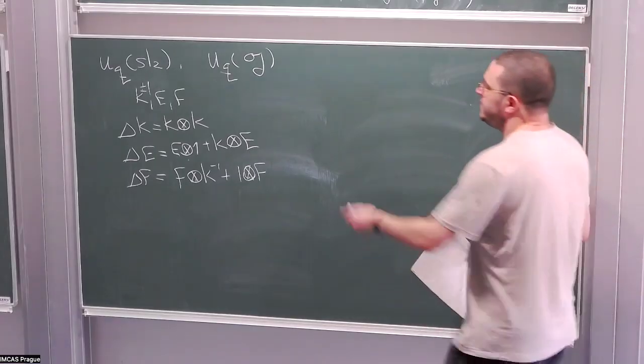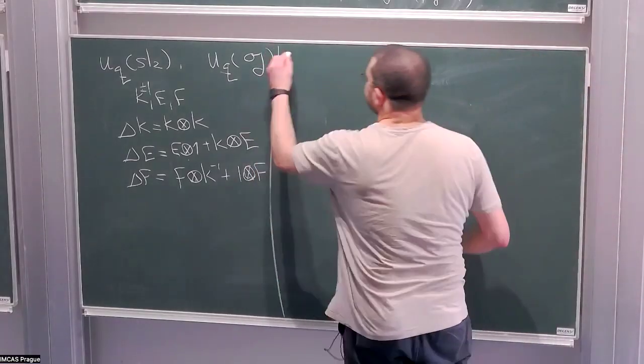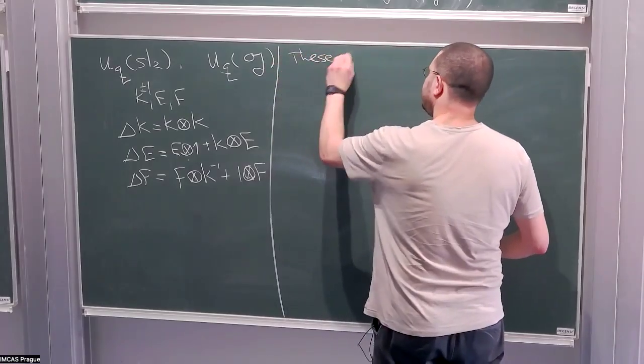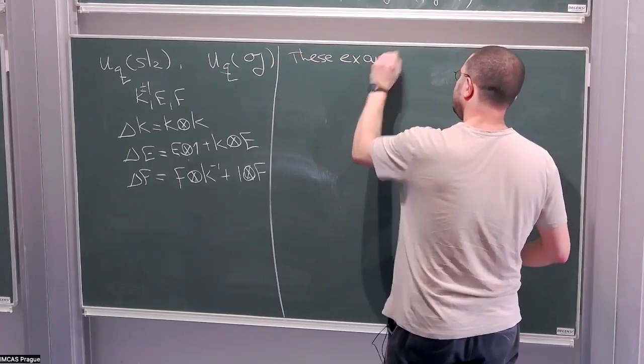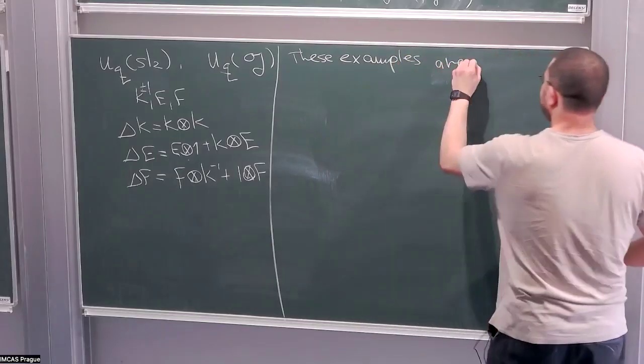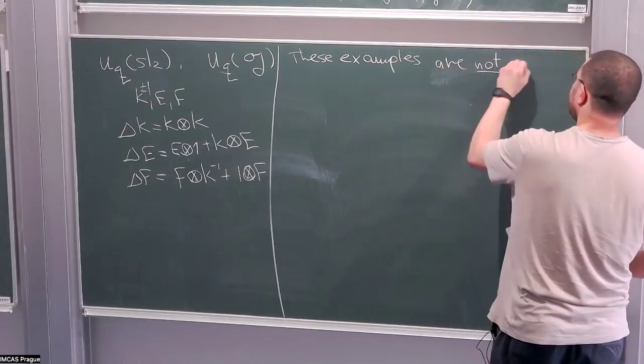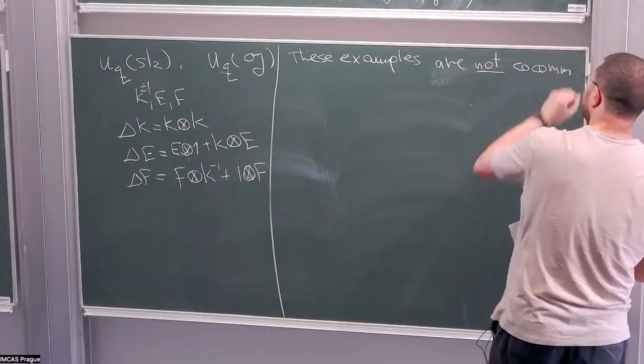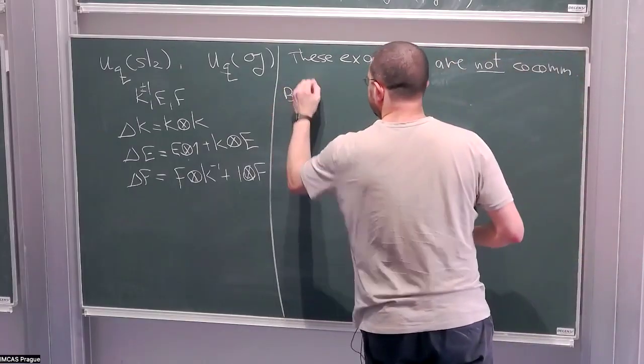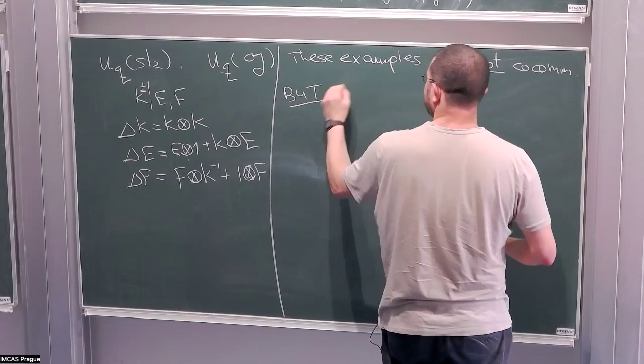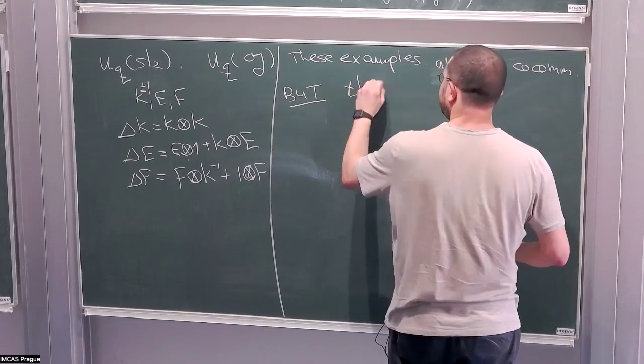Okay, so let us mention that these examples are not co-commutative, but they are pointed.